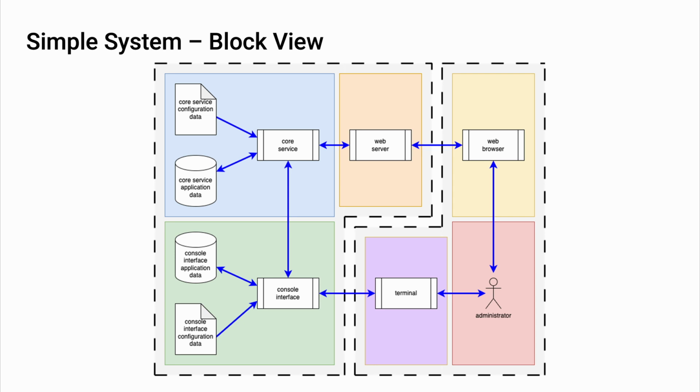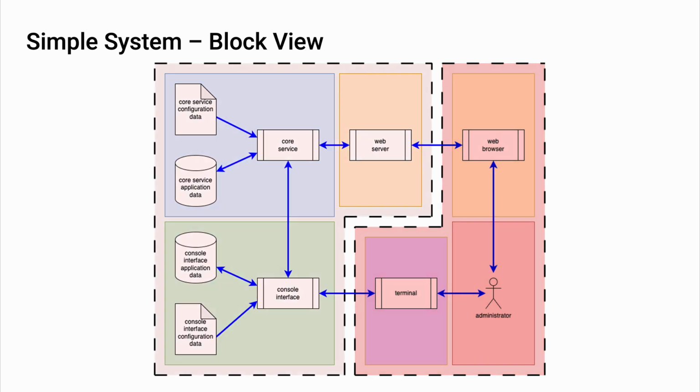Here's a block view of a simple system. You'll note that this is not an automotive system, but it is a system that anyone can relate to. On the right, you have an interactor, an administrator who is interacting with the system via 2 modalities, the first being a web browser and the second a terminal.